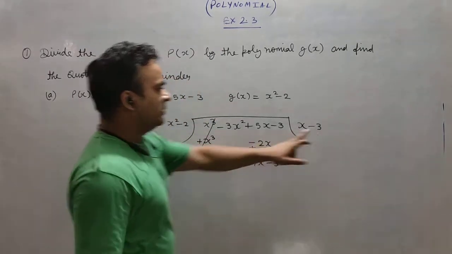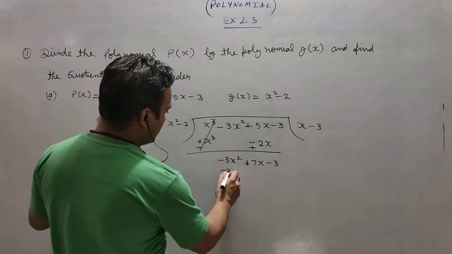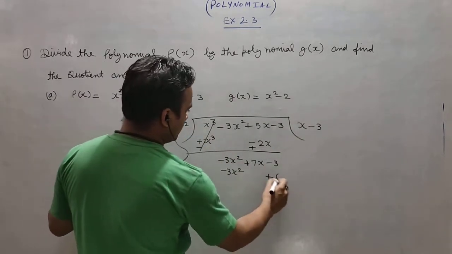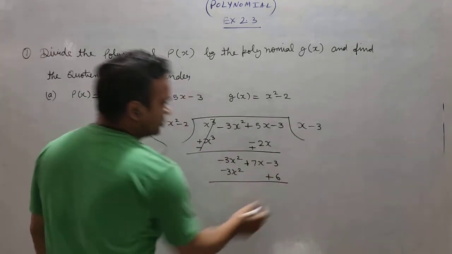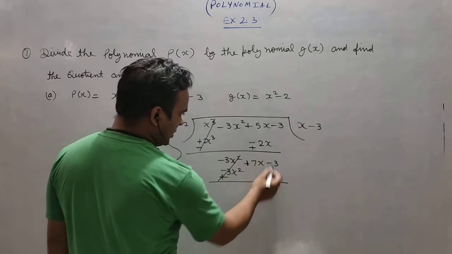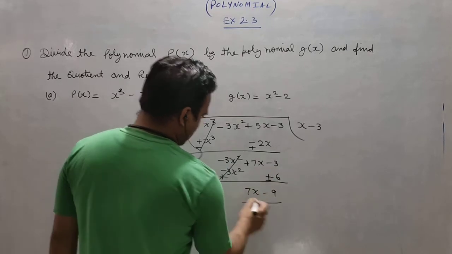We put minus 3 here, and it multiplies to give minus 3x square, minus 3 times minus 2 is plus 6. I am keeping the constants together and changing the sign, so they both become minus. It is 7x and 9.